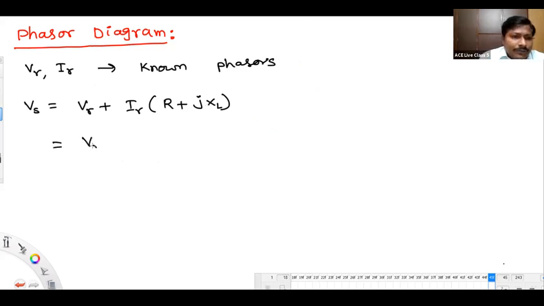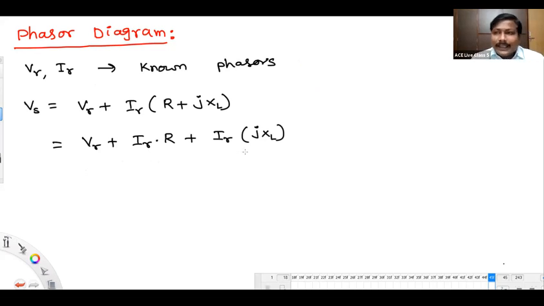So you can write this like VR plus IR into resistance plus IR into jXL. Or else you write j into IR XL. That's the sending end voltage. Next thing, IS equals IR anyhow we have, that will take up.